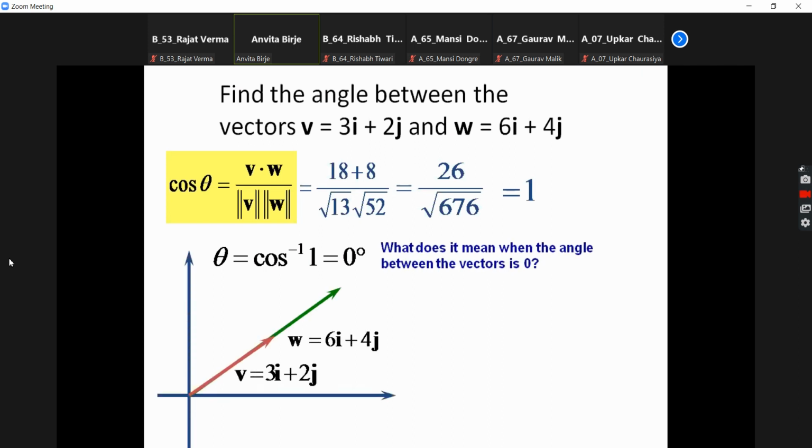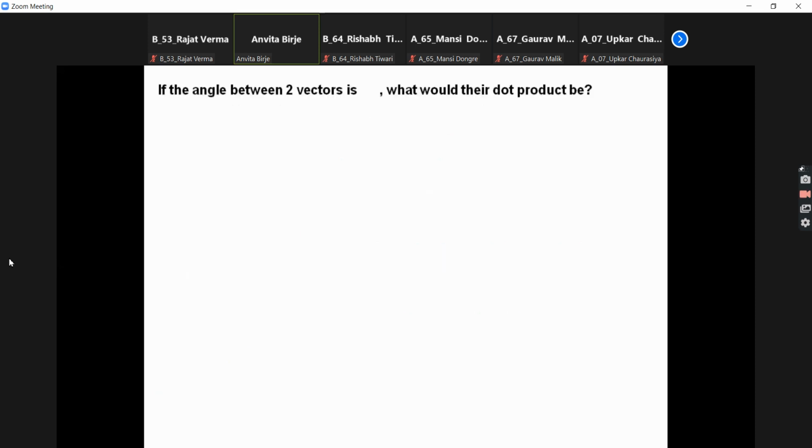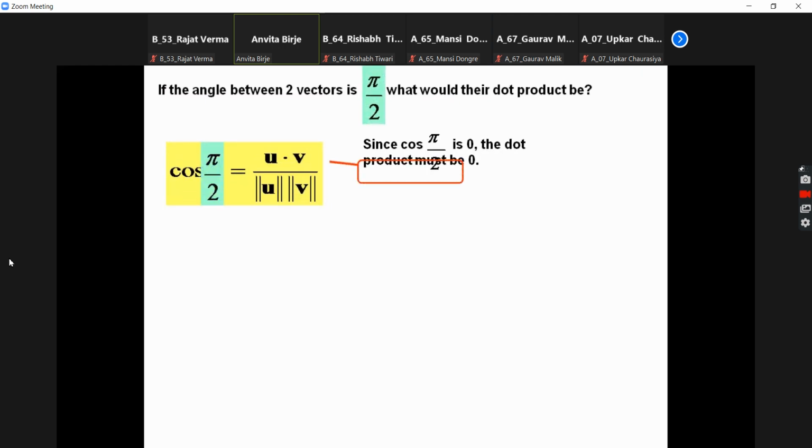So this is V and this is W. The vectors are in the same direction, so they are called parallel. Okay. So this is also a case where the vectors are parallel. So if the angle between the vectors is 90, then cos theta is going to be 0.